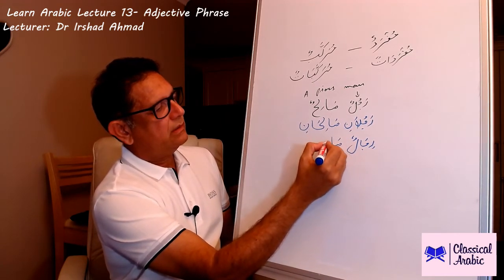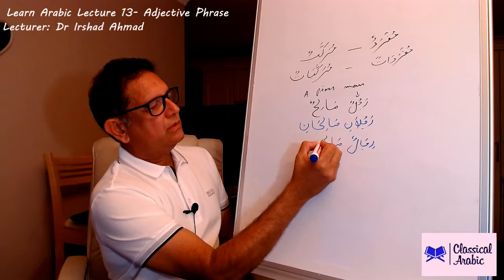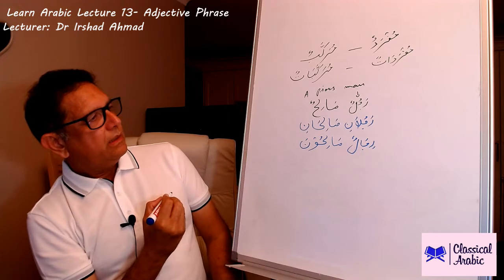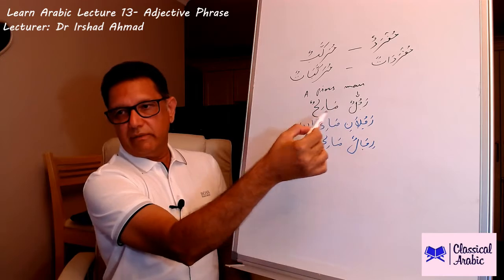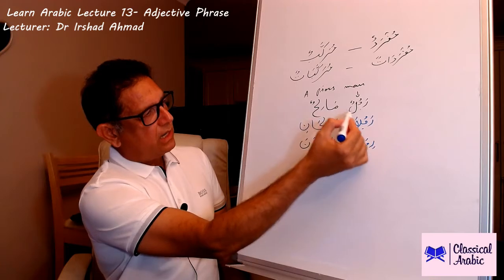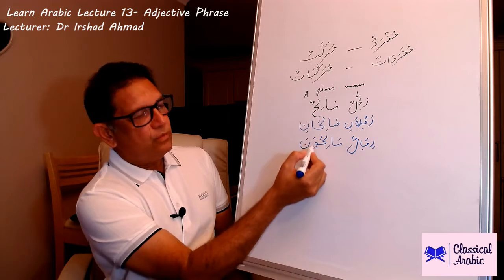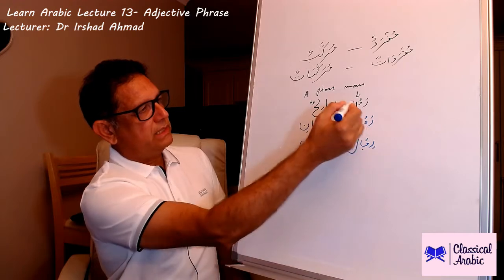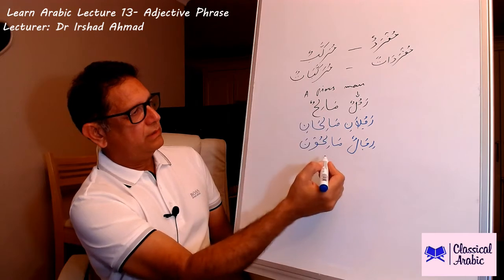This will be jama salim now, not mukassar, rijalun salihuna. So in wahid we have rafa, marker of rafa is these haraka, whether it is the damma, fatha or kasra. Here its ani sound is i'rab, and here again una sound is i'rab, but in jama mukassar the same principle applies as in wahid. So rijalun salihuna, that's plural.